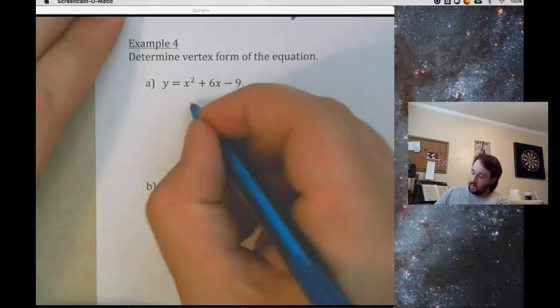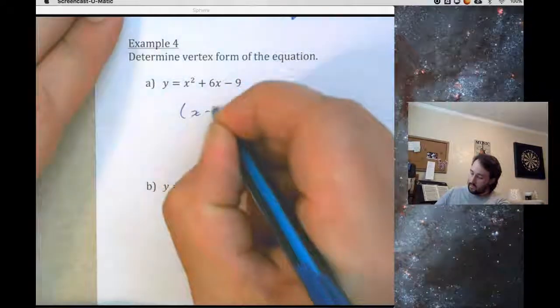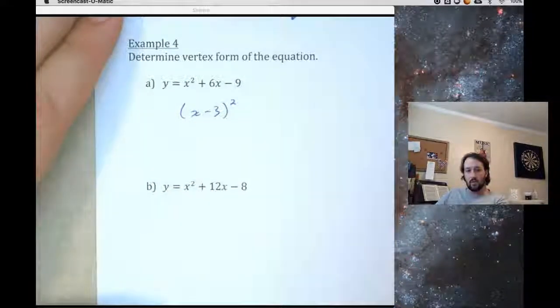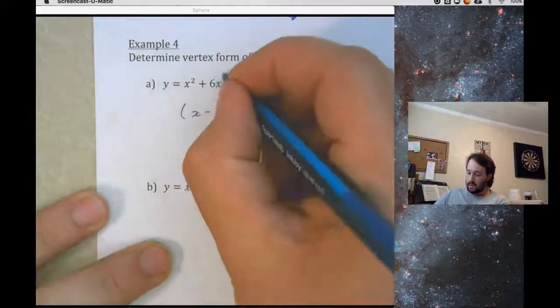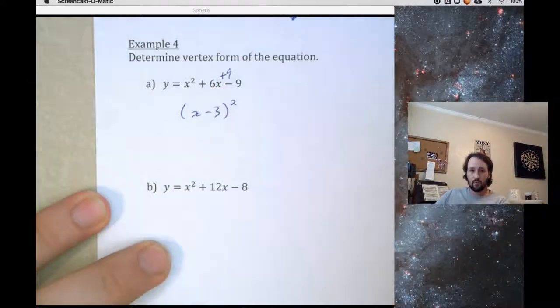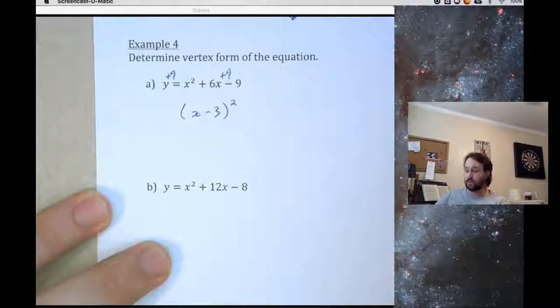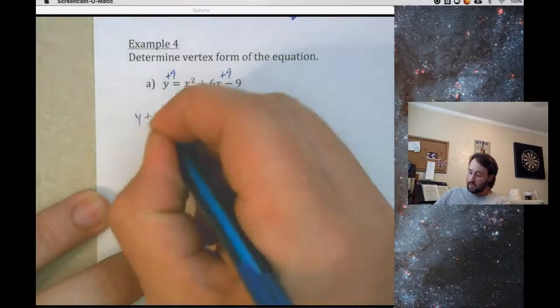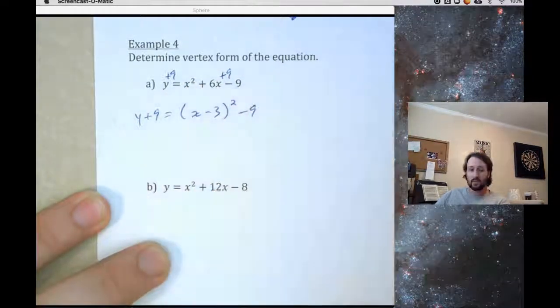So here, looking at my b, I need to have x minus 3 squared. Right? So if I need to have x minus 3 squared, that means I had to have a plus 9 right there in order to factor it that way. And I had to add 9 to the other side to make this equation true. So I have y plus 9 equals x minus 3 squared, and then I'm just going to copy that minus 9 over.